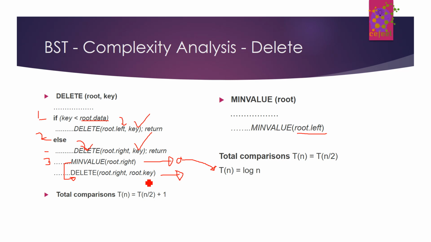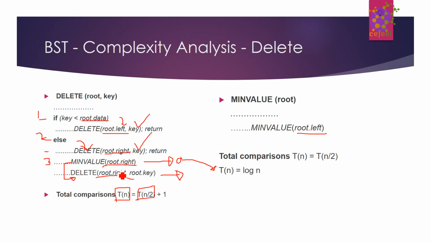If we write the recurrence of the entire delete operation, it is nothing but T(n/2). Every time, the delete operation is called on half the subtree, either left or right, or in the last case it's actually the right, and the min value is also on the right.